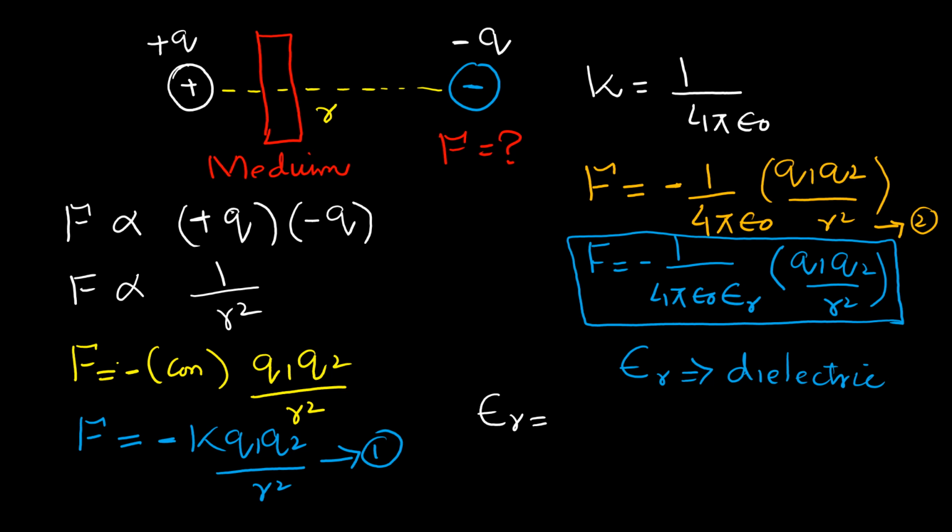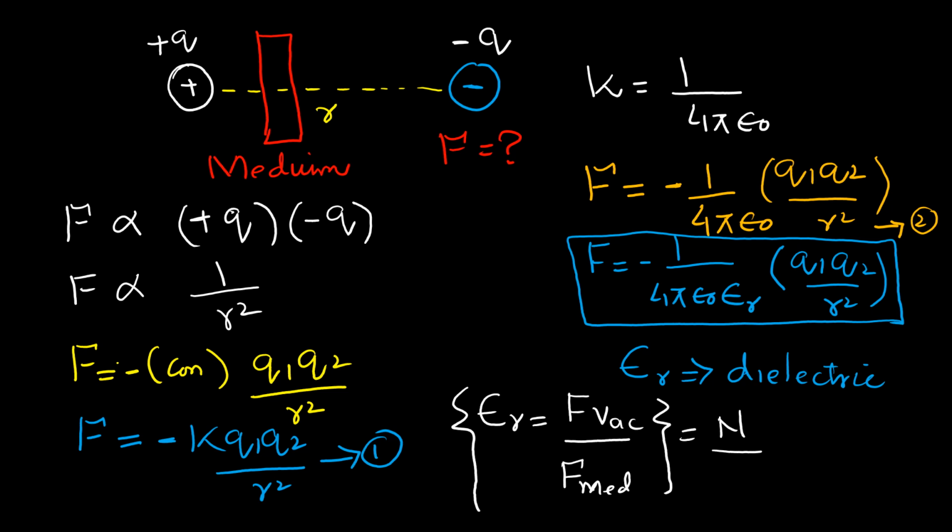Relative permittivity is the ratio of the force between point charges in a vacuum divided by the force between point charges in a medium. So this is a ratio of the same quantities. Since the unit of force is Newton, Newton cancels Newton, and relative permittivity has no unit, because force and force cancel each other.